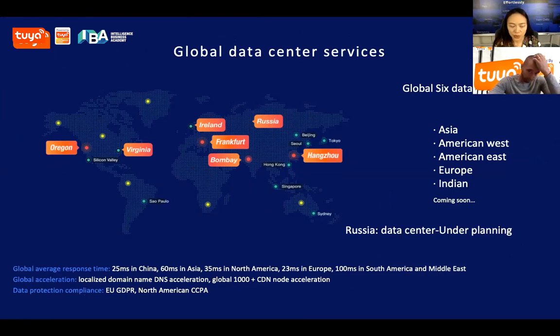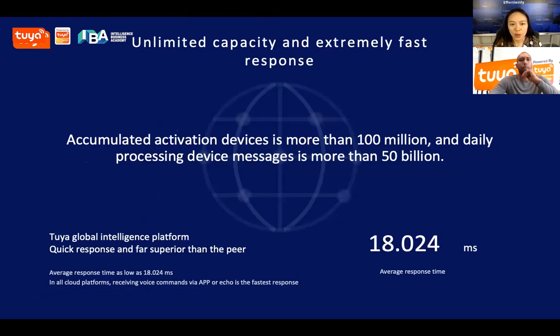And we also comply with the GDPR and CCPA. We are so excited that our accumulated activated devices are already more than 100 million, and the daily processed device messages are more than 15 billion. Our average response time is already far superior to our peers.